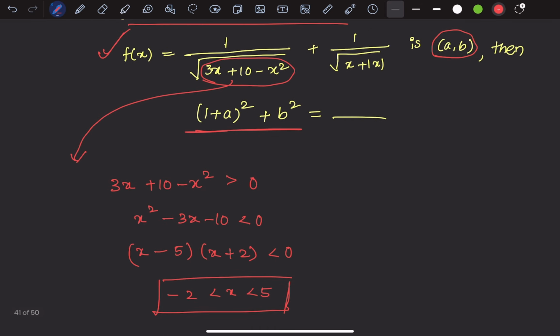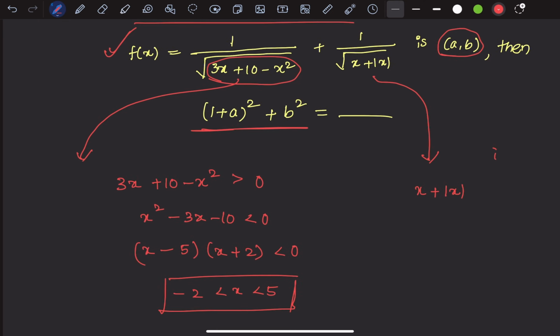Now let us consider this part. So x plus mod x. If x is greater than 0, x plus mod x will be 2x. If x is less than or equal to 0, x plus mod x will be x minus x, which is 0.